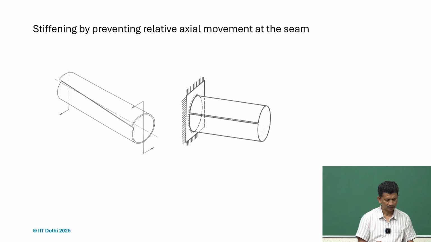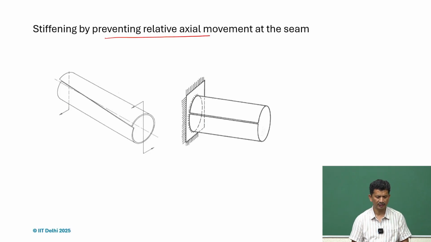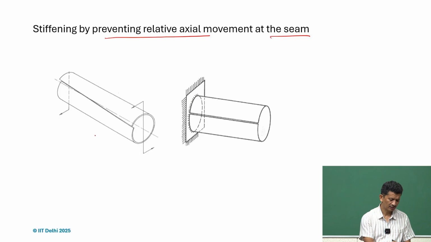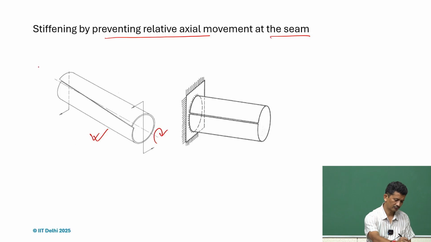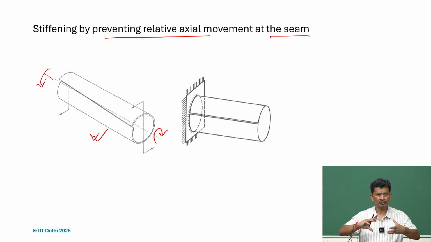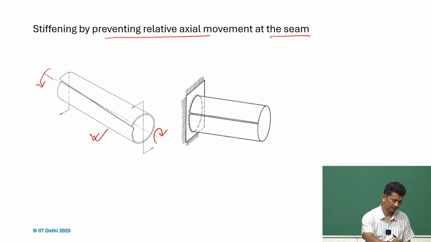So this is what I illustrated here. Stiffening by preventing relative axial movement at the seam. So if we just take a thin sheet and wrap it, and we try to apply the torsional load, so try to twist, what will happen at the seam?